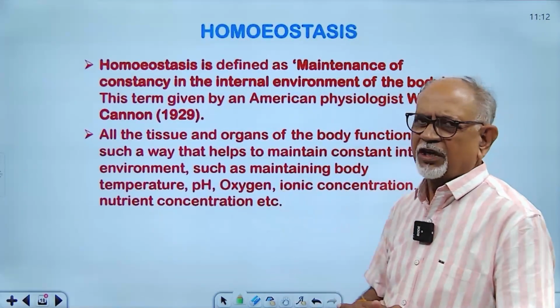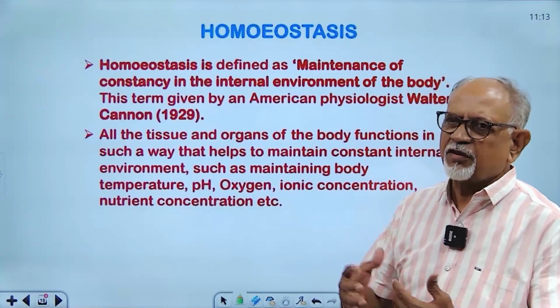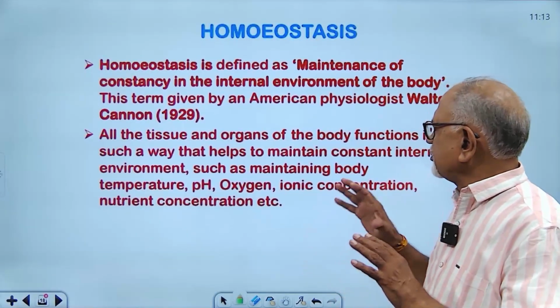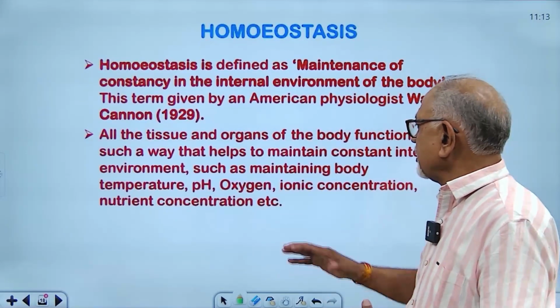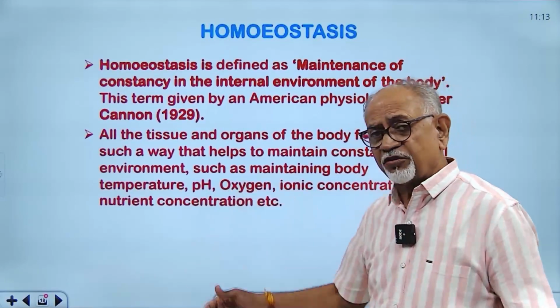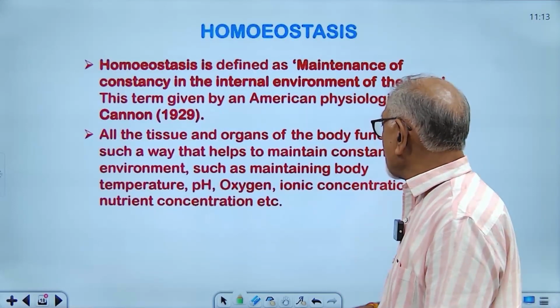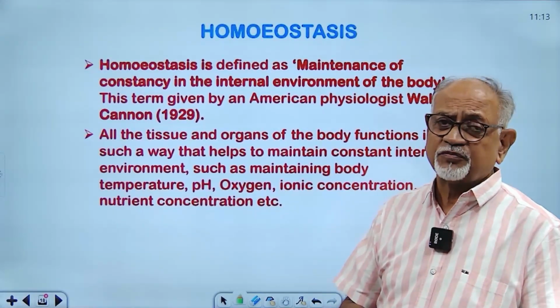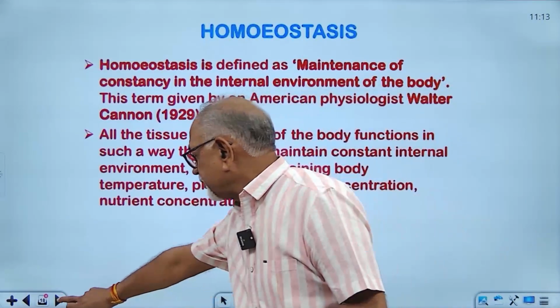All the tissues and organs of our body function in such a way that they help to maintain the constant internal environment, such as maintenance of body temperature, pH, amount of oxygen, ionic concentration, and nutrients in the body.